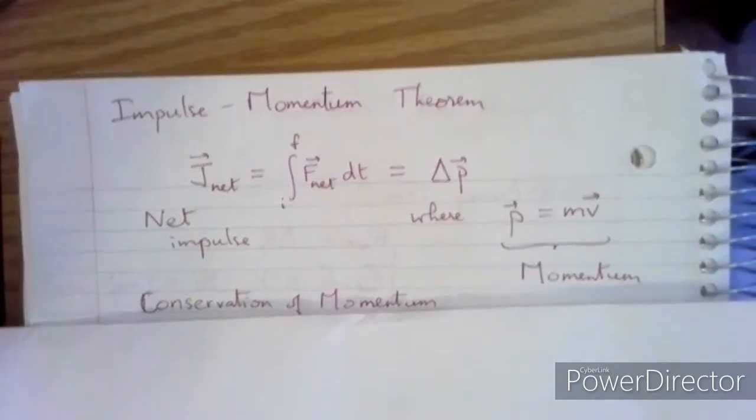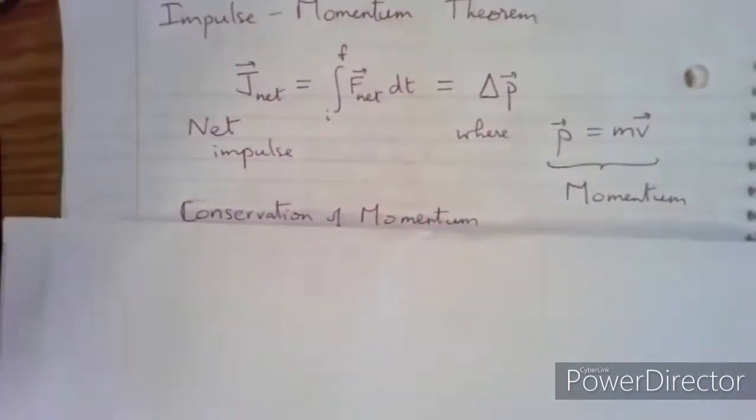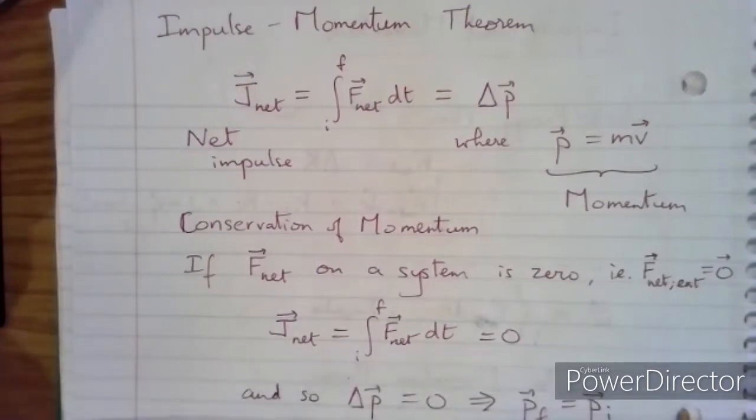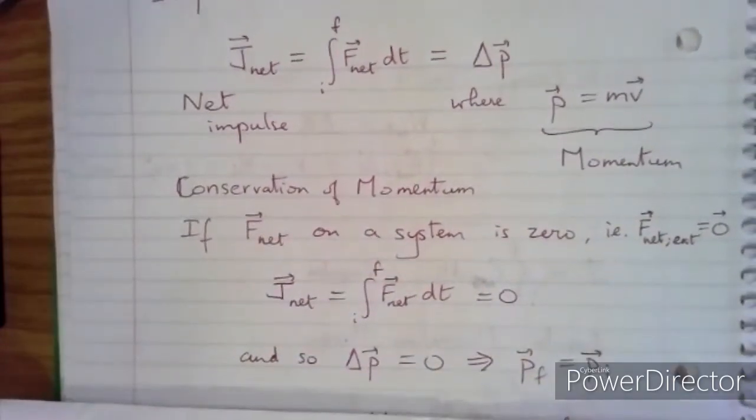From this, we can see that if the net force on a system is zero, or, and this is the same thing, if the net external force on a system is zero, then the impulse on the system is zero. And so the change in momentum is zero, which means that P final will be equal to P initial.